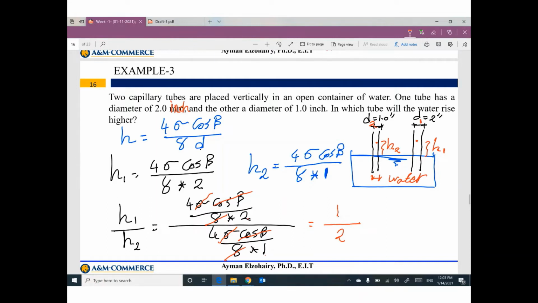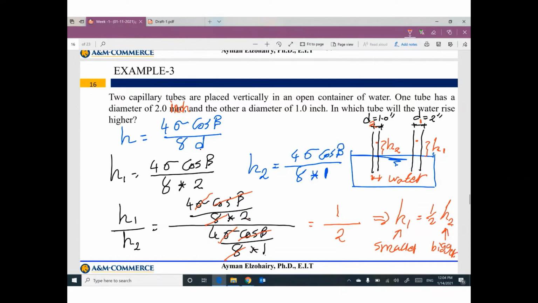That means H1 equals 1/2 H2. That means H1 is smaller and H2 is bigger, because H1 is 1/2 of H2.